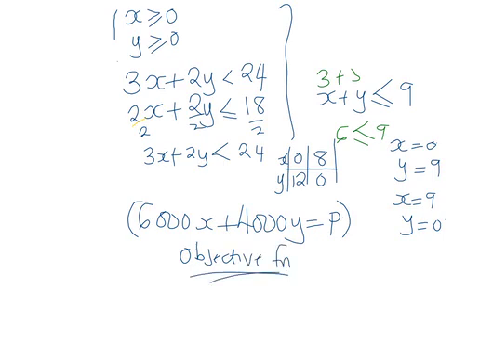We can simplify our objective function to be 6x plus 4y is equal to p, which can be further simplified to be 3x plus 2y is equal to p. For us to plot the objective function, this is how we plot it: when y is equal to 0, x should be equal to 2.